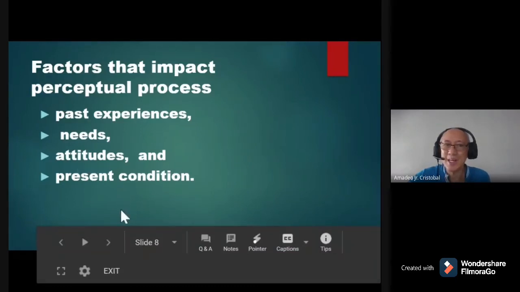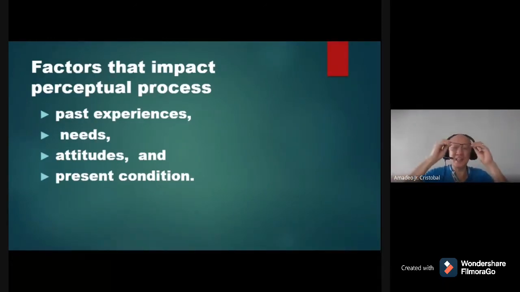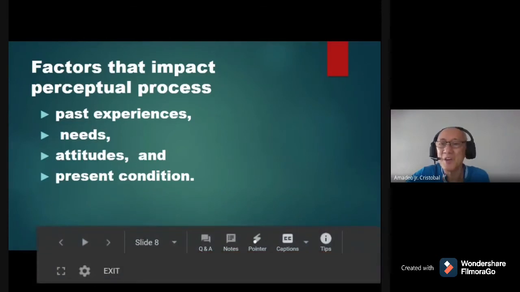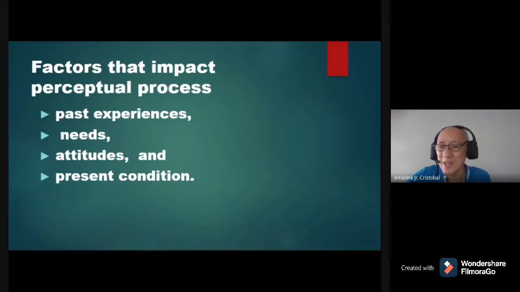And the last one is the present condition. Your present condition today, especially since we are using the internet, if you have a very low or not good connection, of course, that will also be a factor for you to understand the lesson for today.